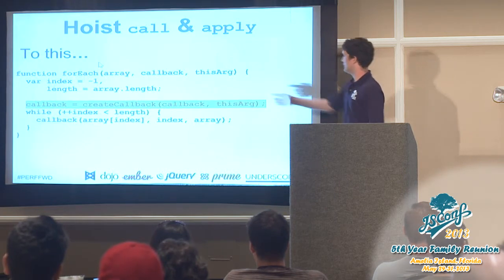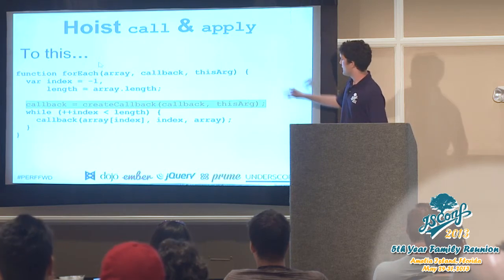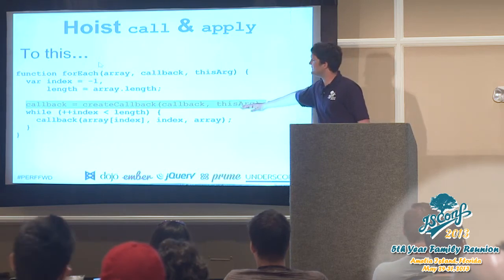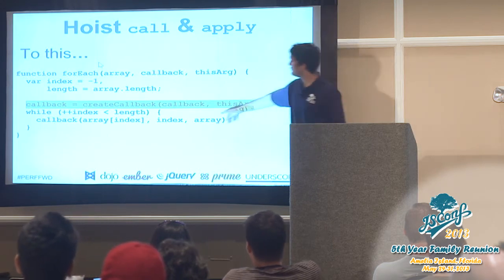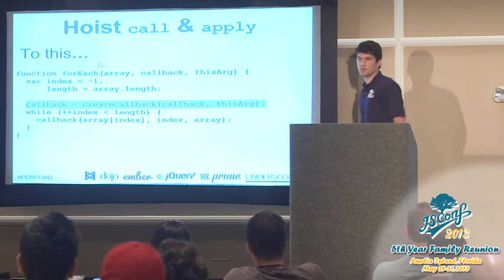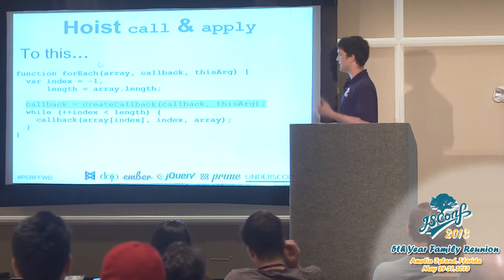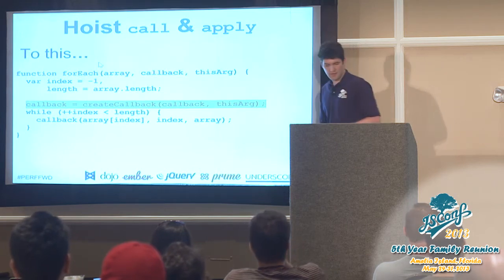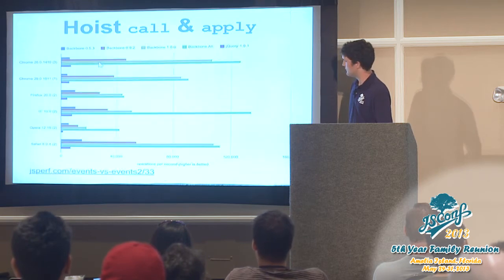So this create callback allows you to evaluate and do the binding inside this function here, and then in your main loop, you've just got a straight function call. And so that increases your iteration performance and your event emitter performance. And the inside of that function there that I've highlighted looks like this.